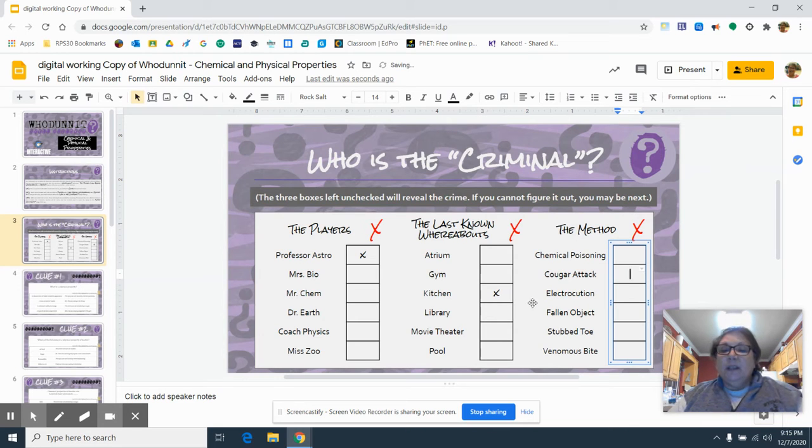And I'm going to delete those. You guys are going to have to come back to this slide all the time, because it's going to help you keep track of the person, where they are, and how they committed the crime. It's kind of like the board game Clue.